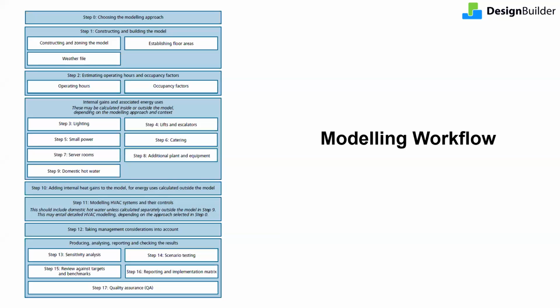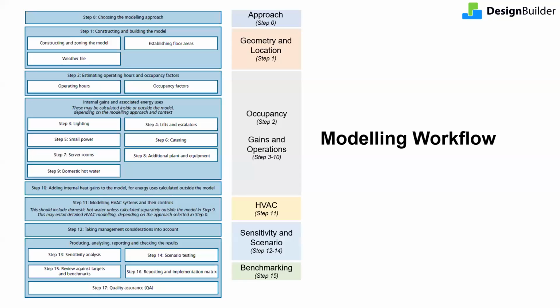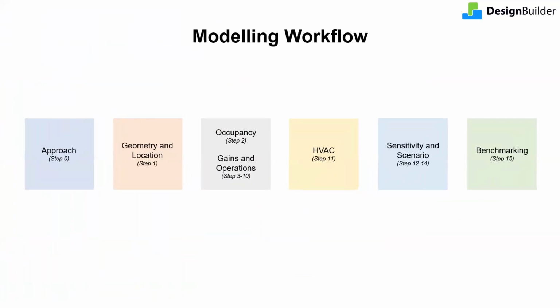So this is the step-by-step methodology that is there in the TM54 document, which I'm using in this webinar as well. But for simplicity and generalization, I've divided it into 6 parts. The first part is more strategic and focuses on using the right modeling approach and detail.